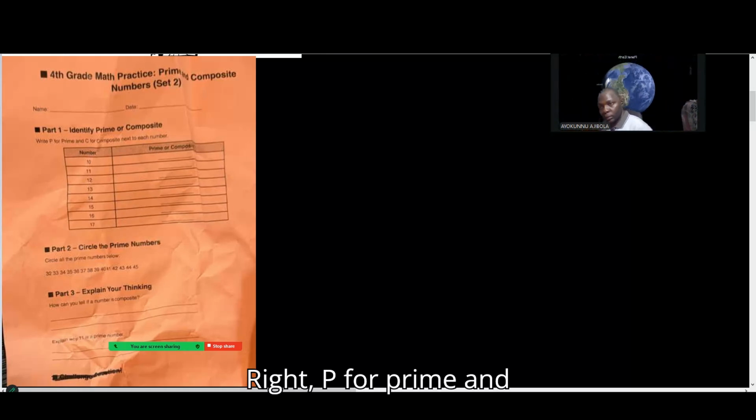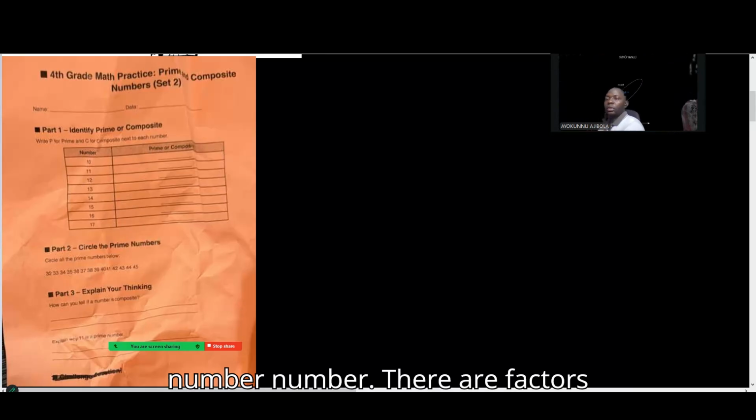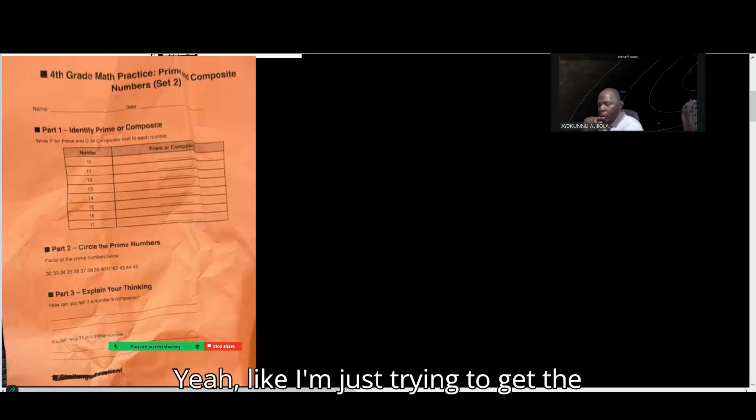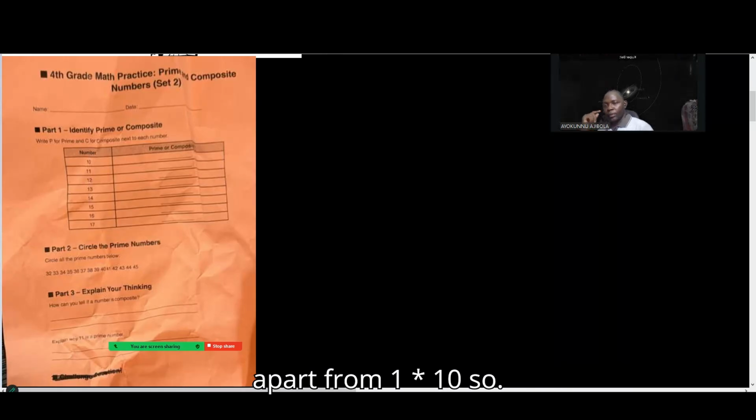So, can you hear me now? Yes. For this one, write P for prime and C for composite next to each number. You know, composite numbers have factors that you can multiply to get the number. For example, 10, you can get 10 by saying 2 times 5, apart from 1 times 10.